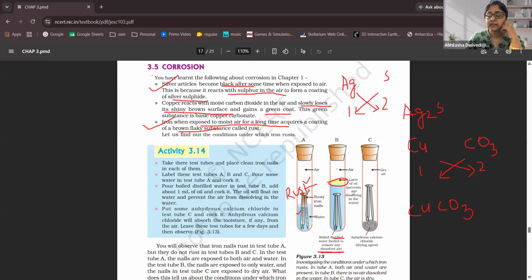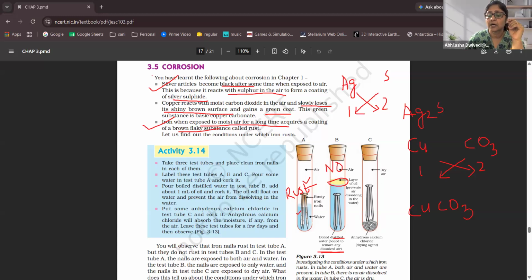Then what will happen? Will it rust? No, it will not rust. Why? Because the oil layer prevented the interaction. And that proves that moisture, that is water, and air both are required for rusting.